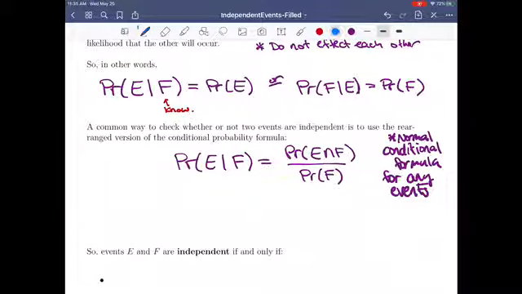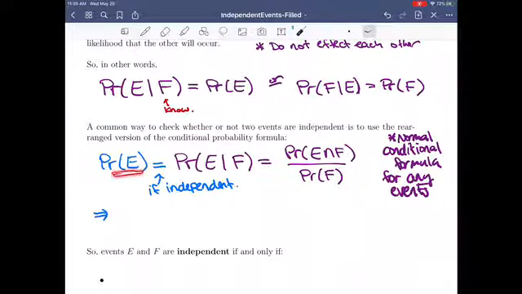Now I'm going to switch colors. If E and F are independent, then the probability of E given F is actually the probability of E. So if they're independent, I have this equality, which means that the probability of E should be equal to this side, seeing as how this equality is always true.